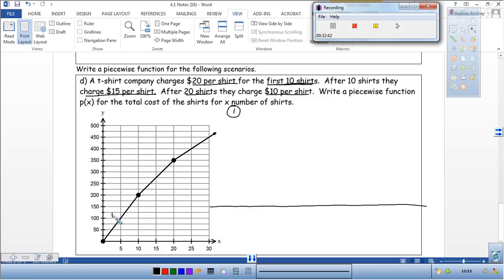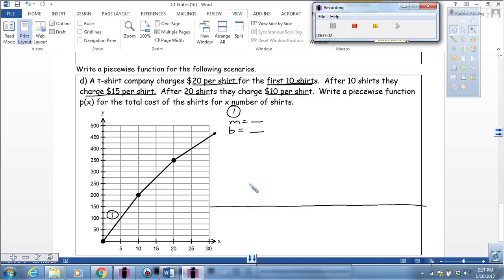Okay, so that's our first one. We want to find the slope and the y-intercept. Everyone in their pairs, try to come up with a slope for that first one and the y-intercept. Let's see what we think of our slope.